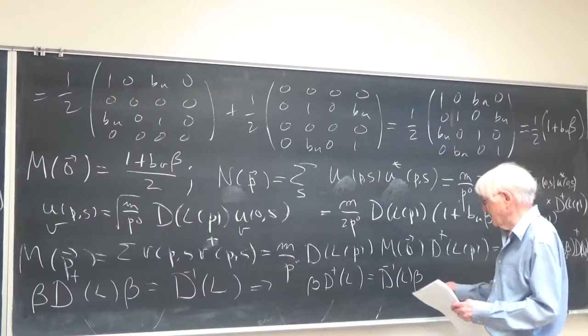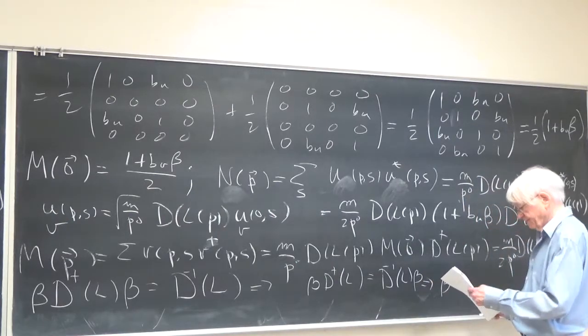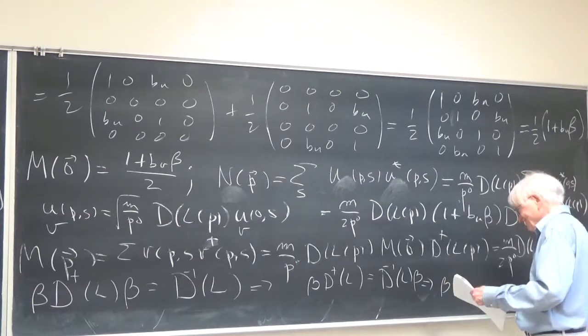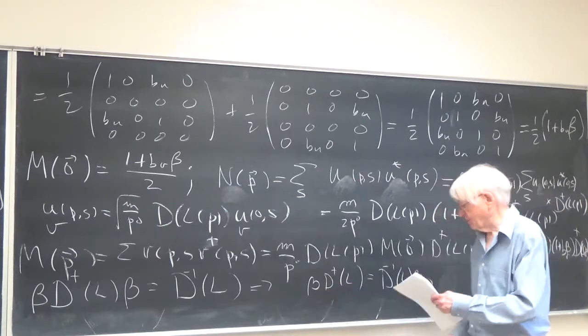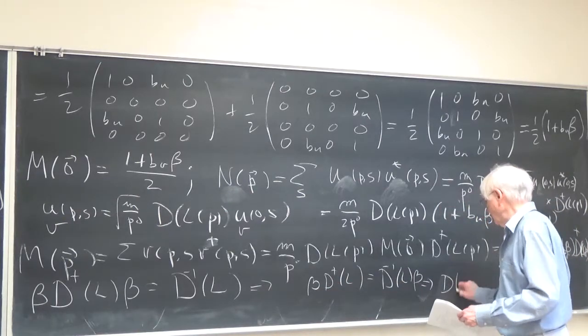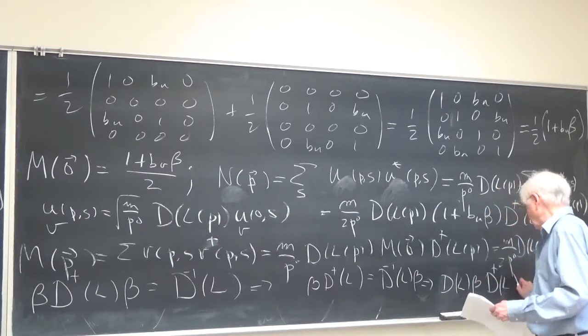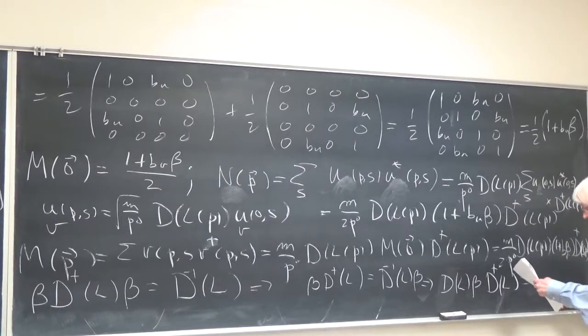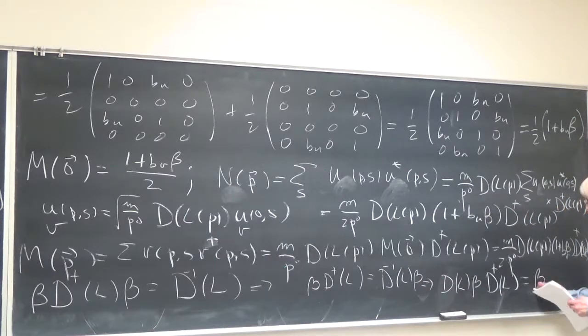And this then tells us that beta, multiplied from the left by D of L, beta D adjoint of L is... D inverse is just 1, so this is just beta.